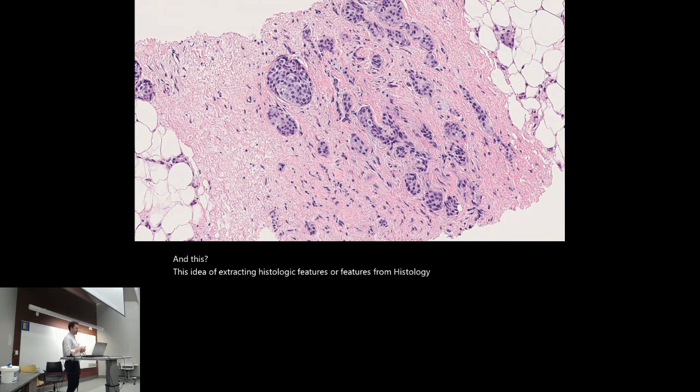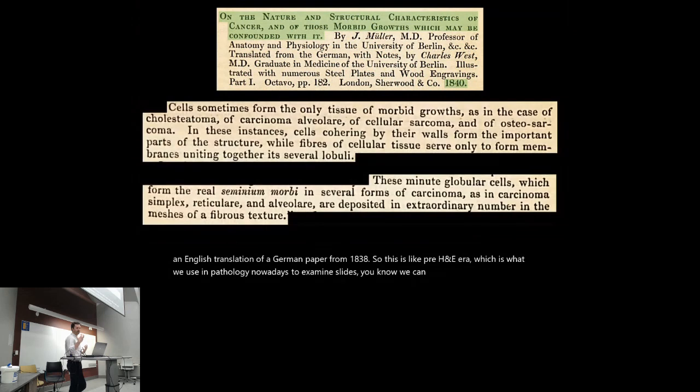If we go back and look at the first morphologic description of cancer cells, this is an English translation of a German paper from 1838. So this is pre-H&E era, which is what we use in pathology nowadays to examine slides. We can see this description of these histologic features. Now, back in 1838 and 1840, we weren't using the same jargon and terminology that pathologists use today in 2024.